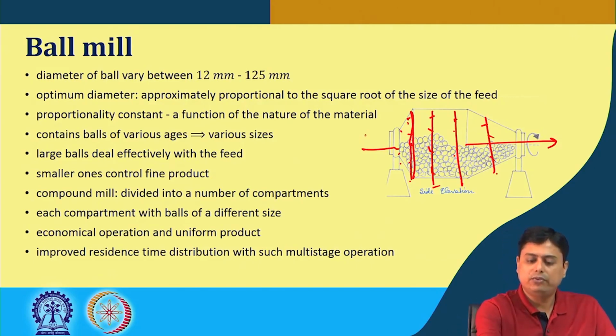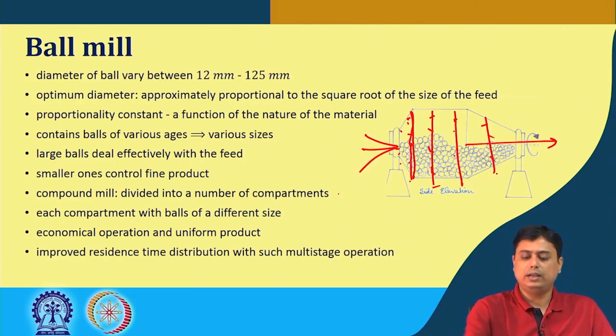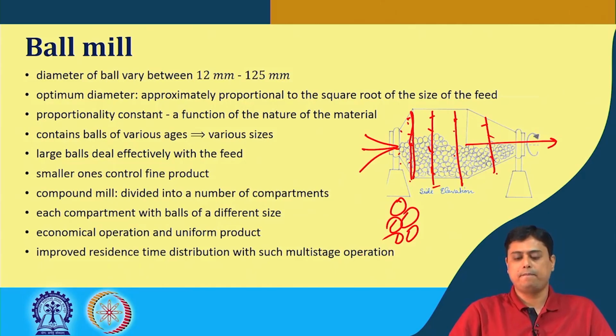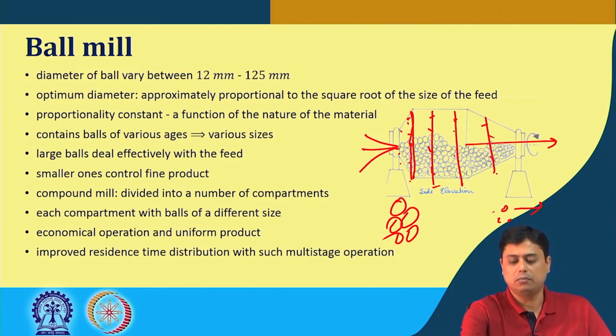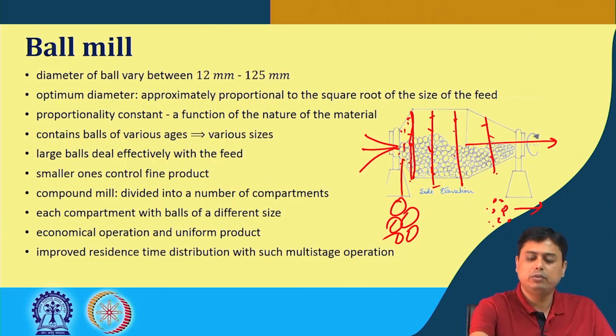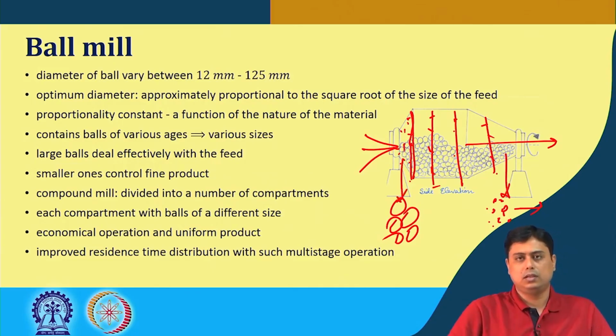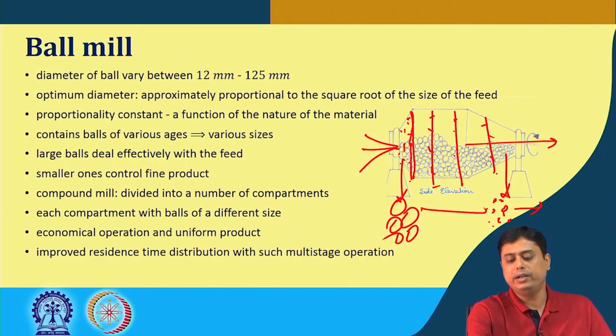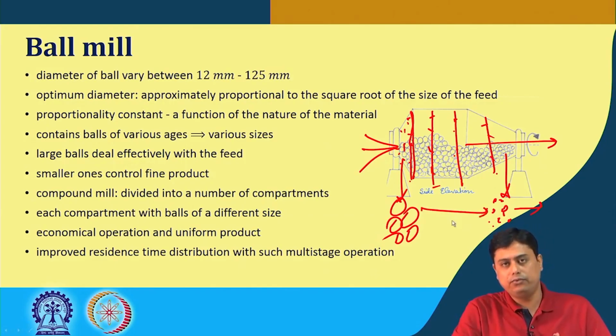So, starting with the feed position, the coarser or bigger balls are there, and near the product discharge location we have very small balls. Now, in each compartment the balls can be of uniform size, and the size can gradually decrease from feed to the product. So, there are two scenarios.